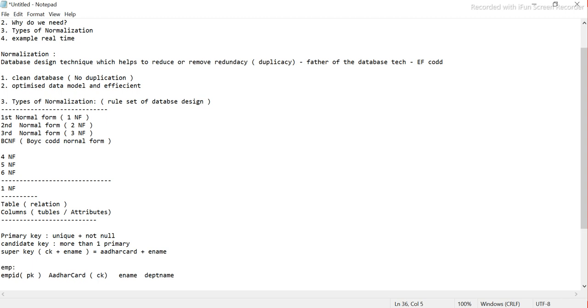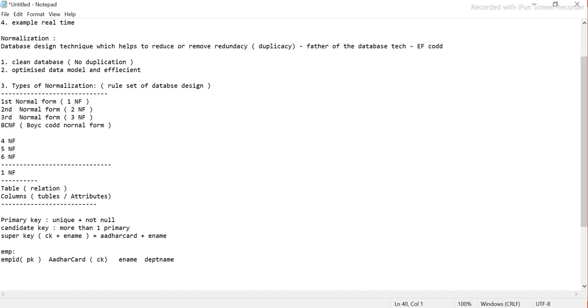For this particular table, I am making a candidate key here, and in this case I'm taking employee ID and Aadhaar card together to make a primary key, let's say.